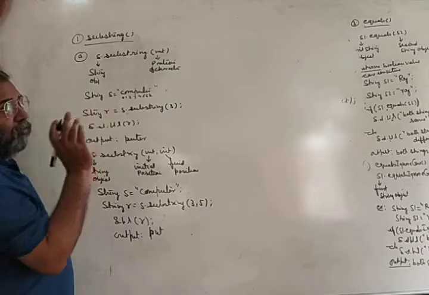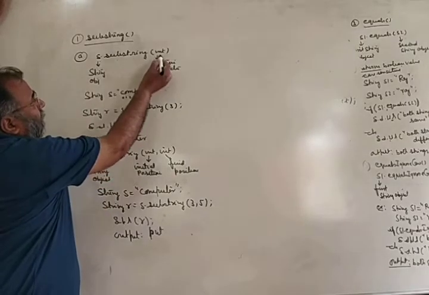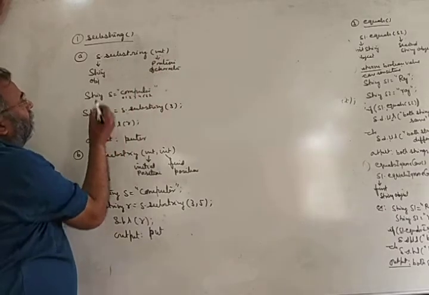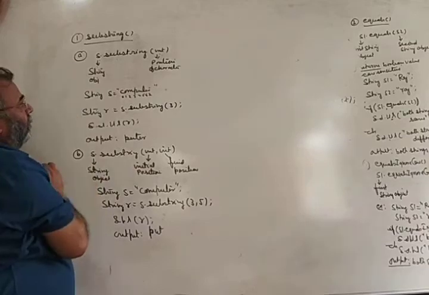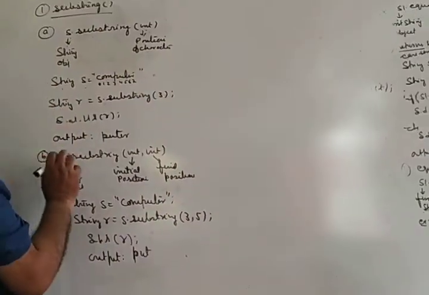There are two formats of this function. The first format is s dot substring(int). Here int represents the position of the character. S is the string object. Suppose you take the string "computer".